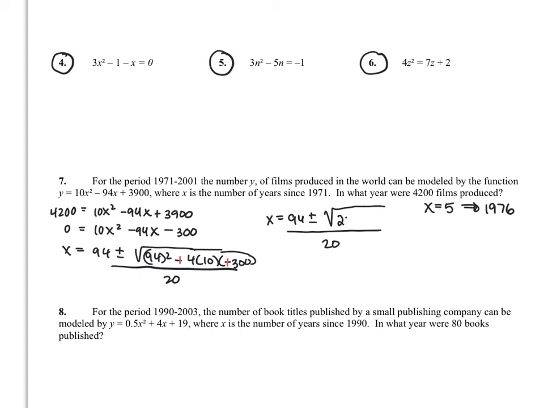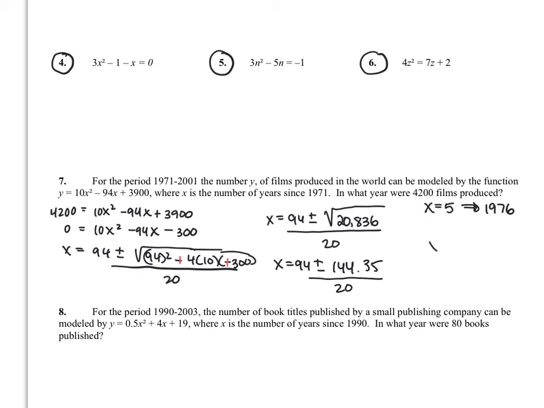So I got the number 20,836. Again, that was by squaring 94 and then adding 4 times 10 times 300. So now I'm going to square root that 20,836. And so I'm going to get 94 plus or minus, I can round, 144.35, all of that over 20.